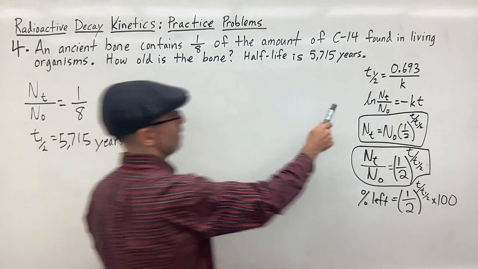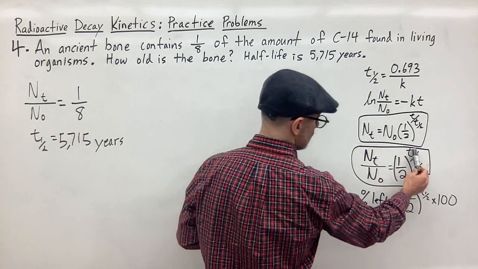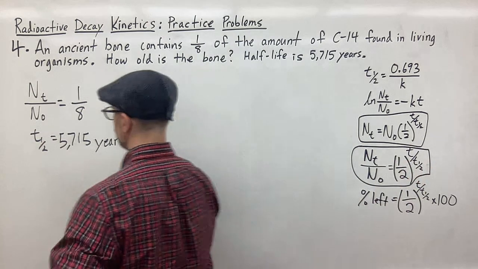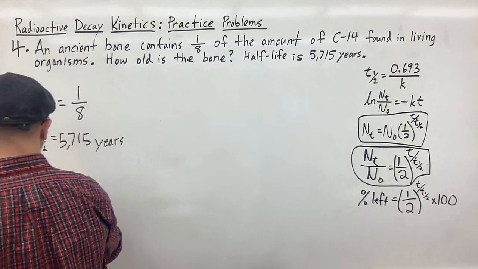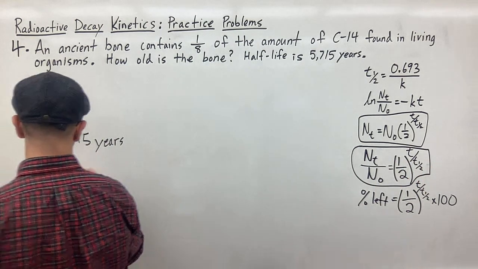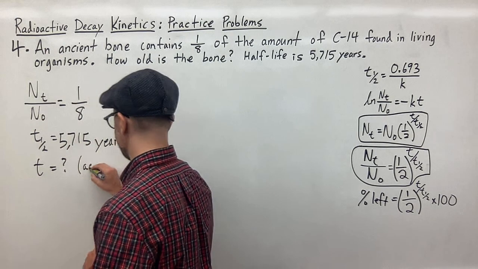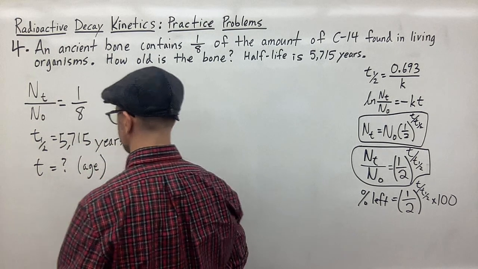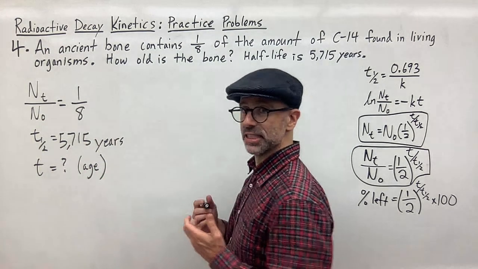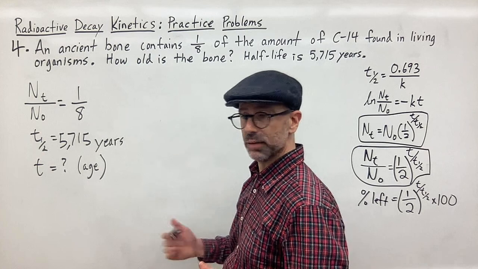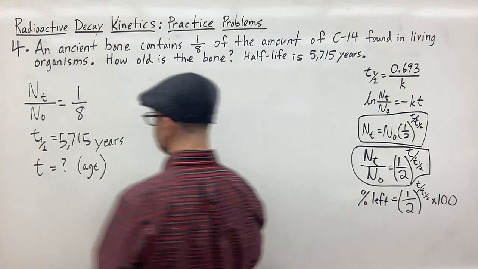That's t, so that's what we want to find. In this case, we're talking about the age of the bone. How much time has passed since the animal was alive?